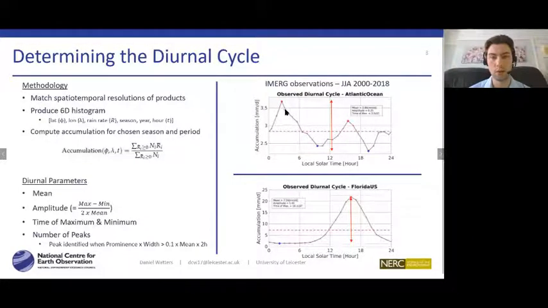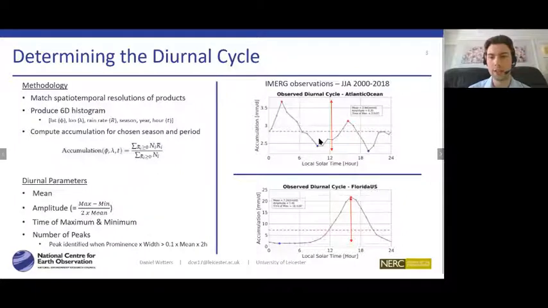For instance, in the Atlantic Ocean case study on the top panel, you can see the time of maximum is occurring at about 3 hours local solar time, and the minimum is at about 20 hours. We also want to characterize the diurnal cycle by the number of peaks. For instance, the Florida US case study is a very nice bell-shaped curve, which only demonstrates one peak and one trough, whereas the Atlantic Ocean case study is a little bit noisier.